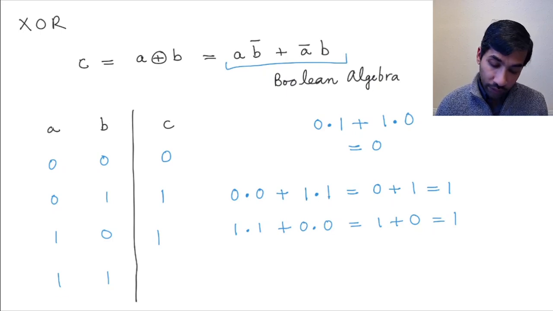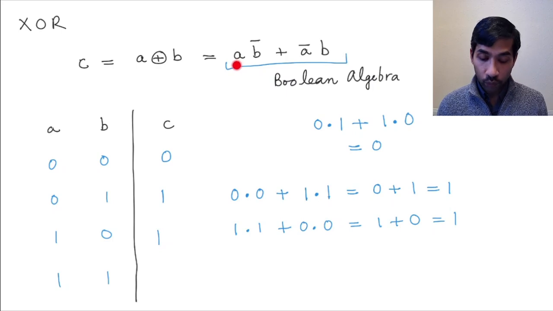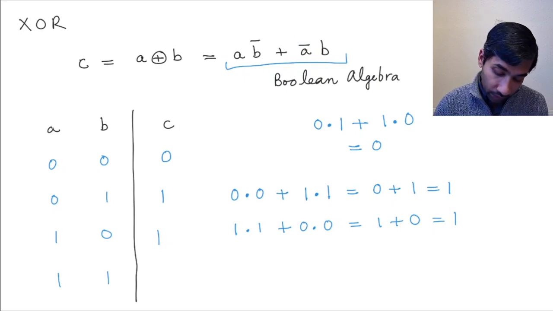A is 1, and not of B, since B is 1, is equal to 0. So A and 0 is 0. Then not of A is 0 and B is 1, so again this is 0. So 0 or 0 is 0. What you get here is again 0.